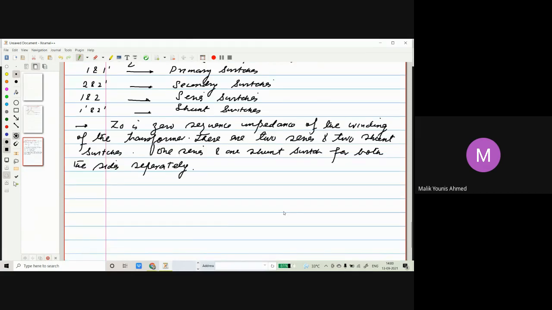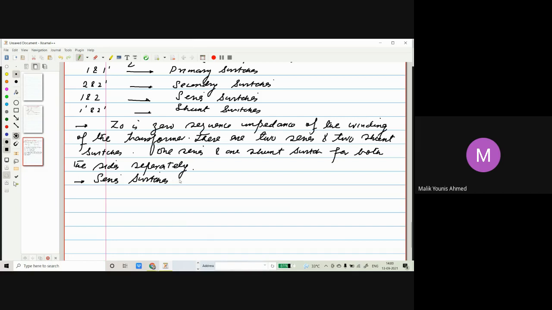The next is the series switch. When are series switches closed? These are very important things now. Series switches of a particular side are closed when the winding is star connected, neutral grounded. So you have to remember this. The explanation I have given previously, where I derived the equation. So now you have to remember it only.